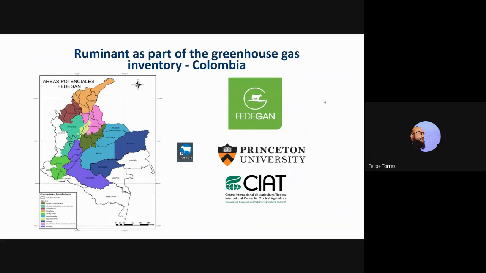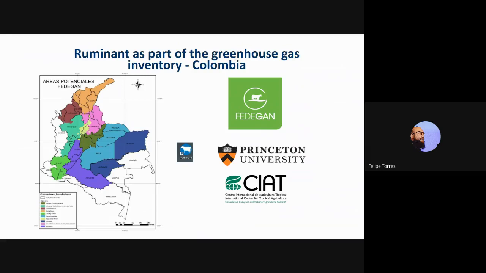we divide the country into 10 regions with different livestock interactions. With FEDEGAN, Princeton, and SIAT, we can calculate for each region, as you can see in different colors, different emission factors.